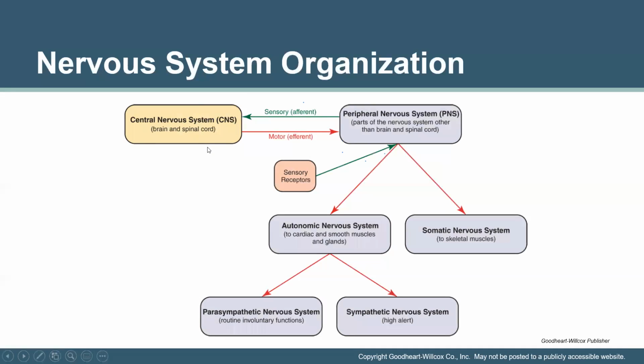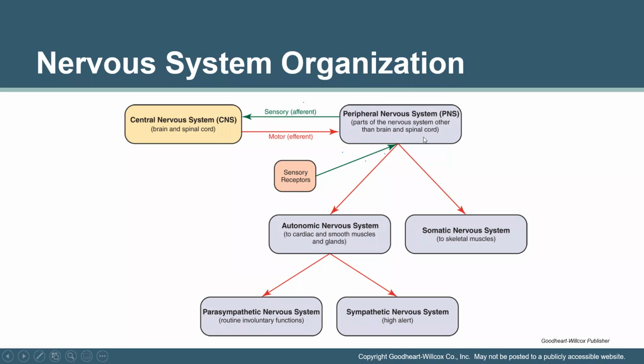Again, it takes information or signals and transmits them away from the central nervous system and tells the rest of the body what to do. Within the PNS, or peripheral nervous system, which is everything outside the brain and spine, it will take information from sensory receptors and deliver it to the central nervous system.